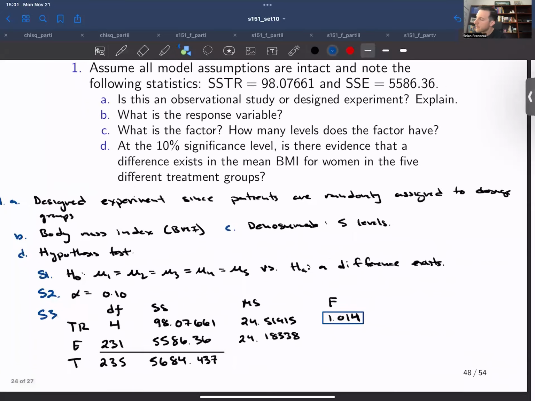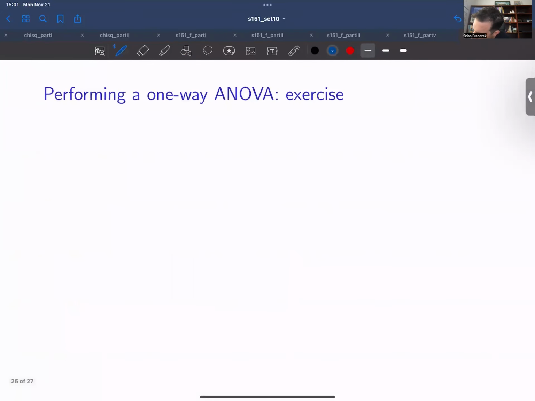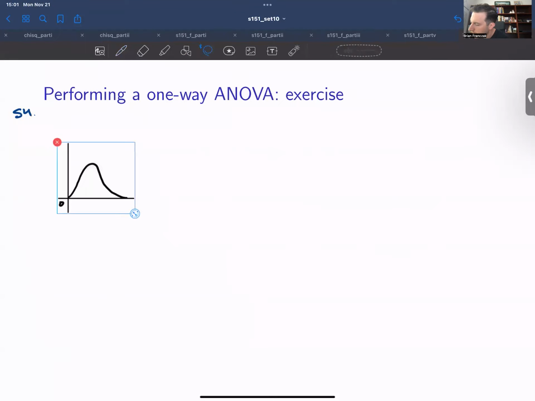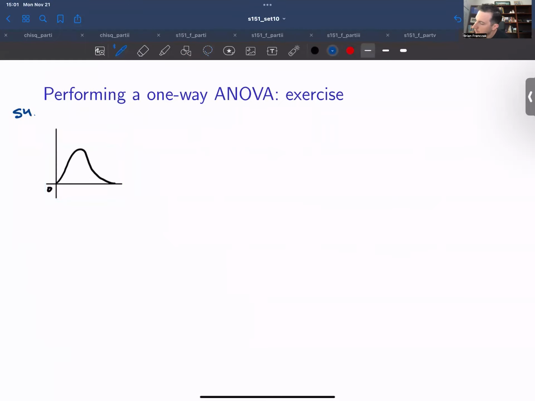All right, now that we have our test statistic, we just have to perform our hypothesis tests. So we can take the critical value approach, or we can take the p-value approach. If we take the critical value approach, our first degree of freedom, we'll call this df1, is the df for the treatment.